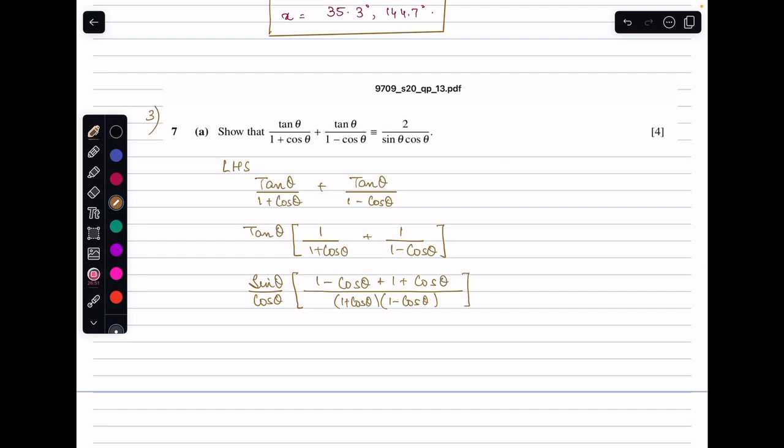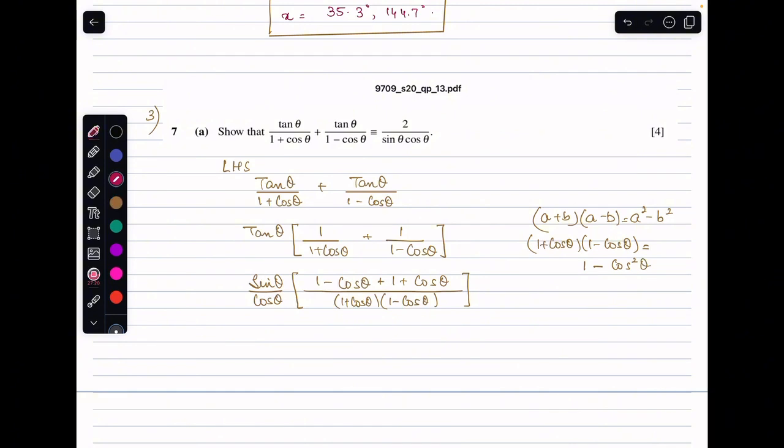Here again, I will be using the algebraic identity, which says a plus b and a minus b can be written as a square minus b square, which means 1 plus cos theta and 1 minus cos theta can be written as 1 square minus cos square theta.